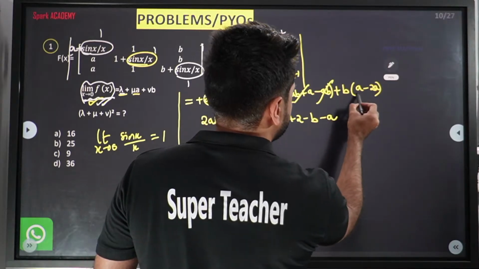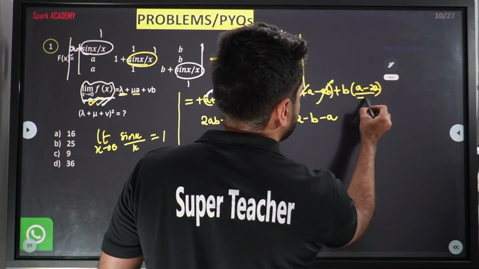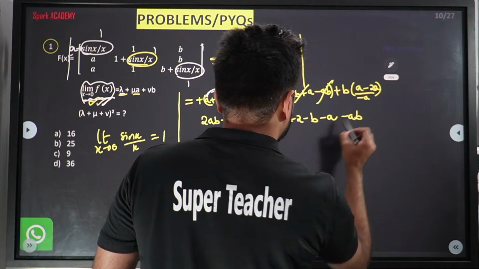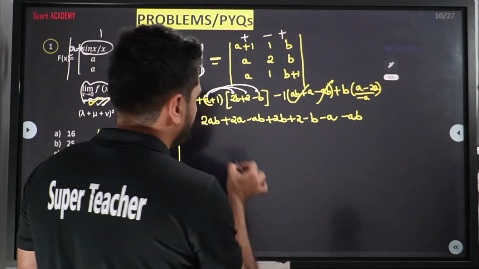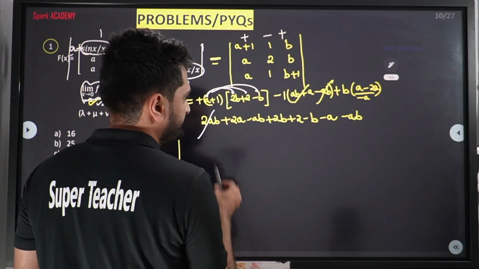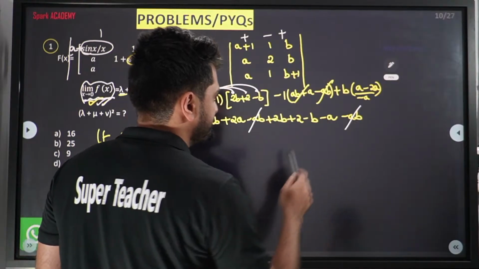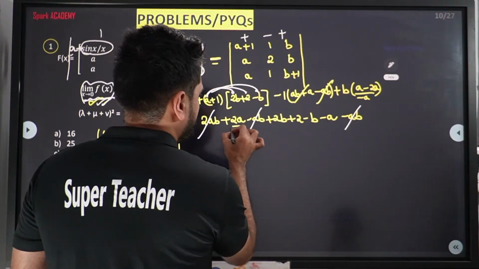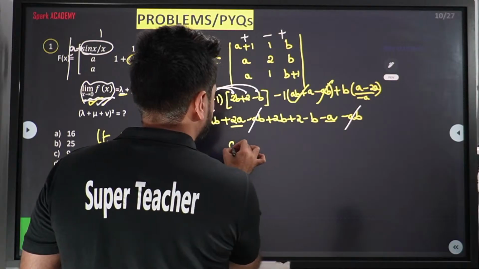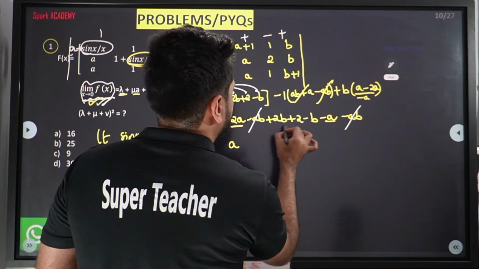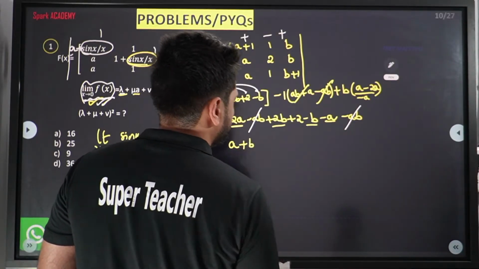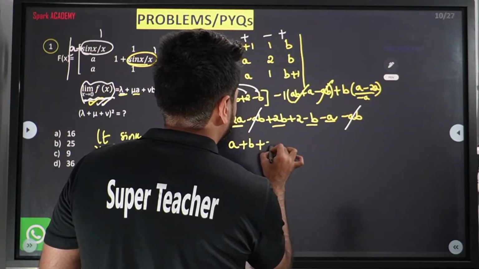Now this one, minus a minus 2a is nothing but minus a, and this is also minus ab. Now if you observe, 2ab minus ab cancels. Next we get 2a minus a, which is a. 2b minus b is b. And you have a 2.